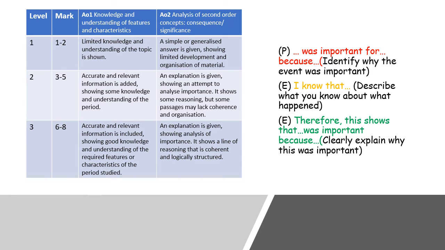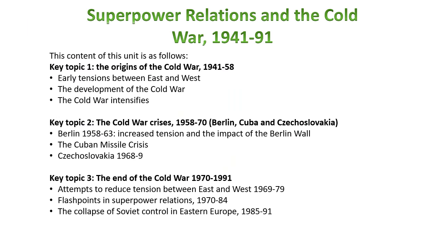If you're just giving generalized information, that'll be level 1. For level 2, you need to attempt to show importance, so there'll be some reason in your answer, why was this important, and at level 3, your analysis will clearly show the importance of the event for the stated outcome.